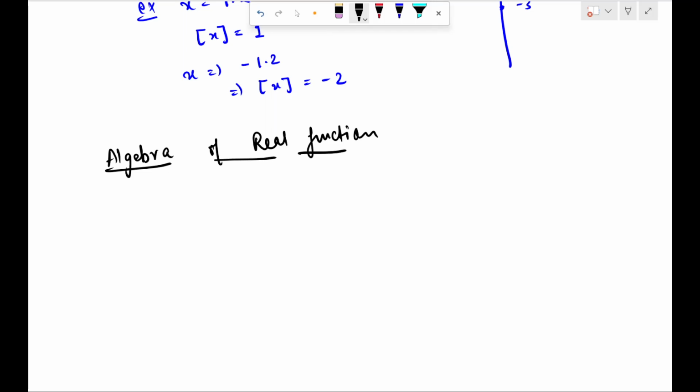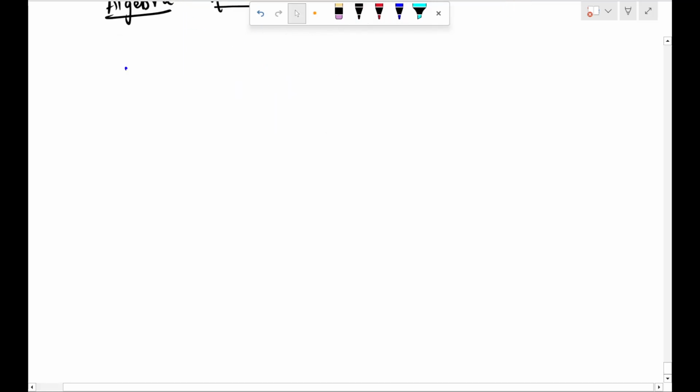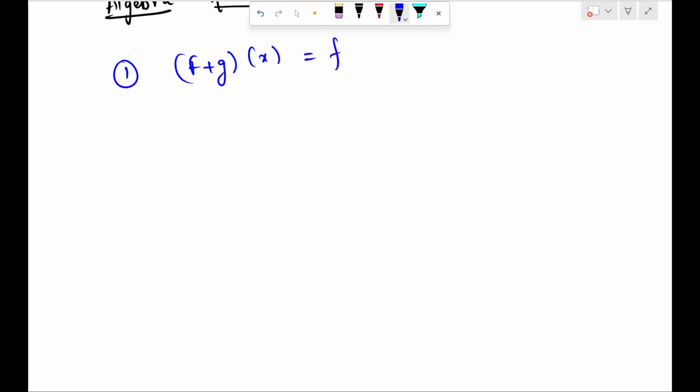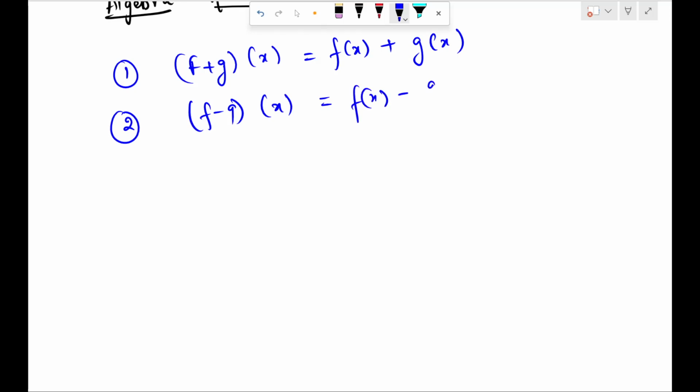So first we have f plus g of x is equal to f of x plus g of x. Second, f minus g of x is f of x minus g of x. Third, alpha f of x.